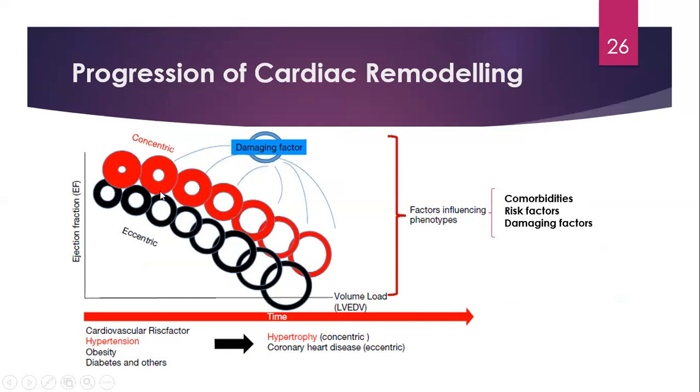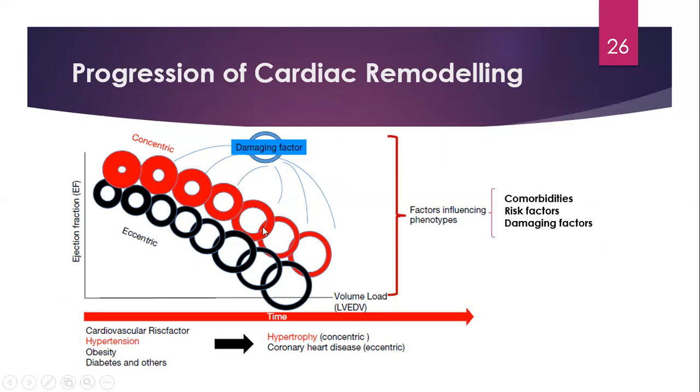Okay, progression of remodeling. So even though you start concentric, over time, dilatation will occur. And even when you start with dilatation de novo, over time, more dilatation occurs. So they all end up at the same tail end of end stage heart failure.